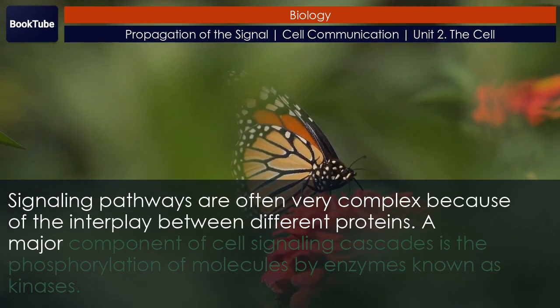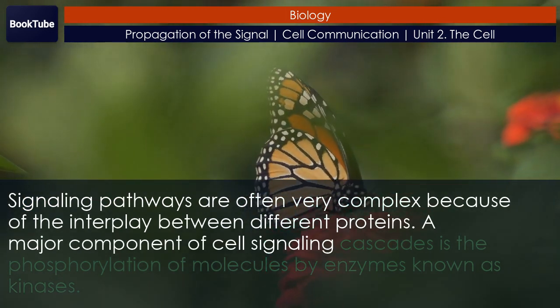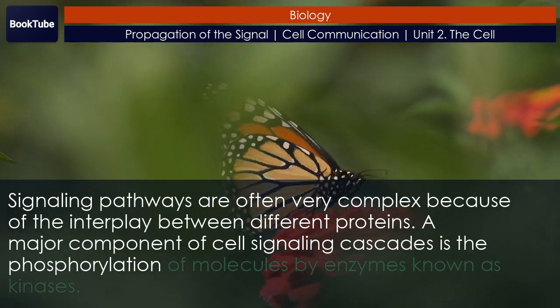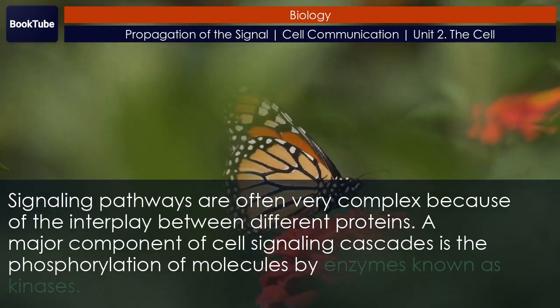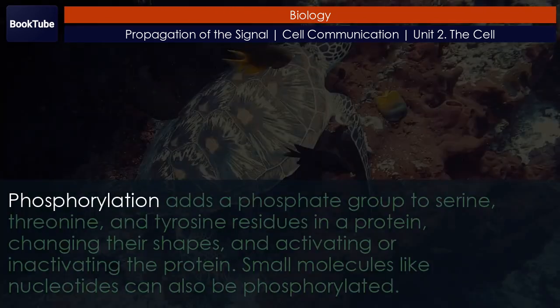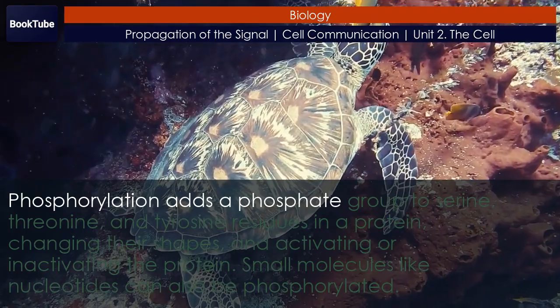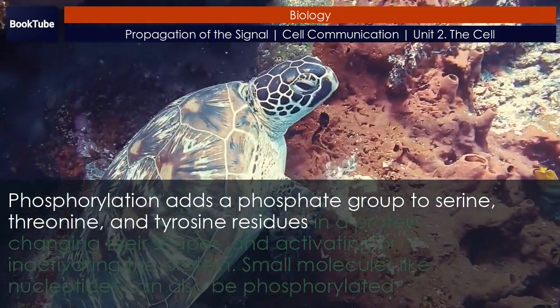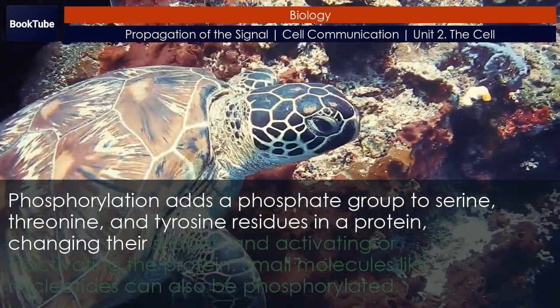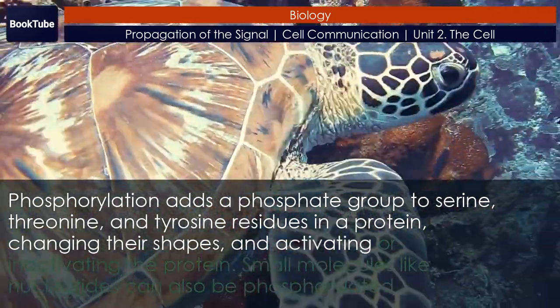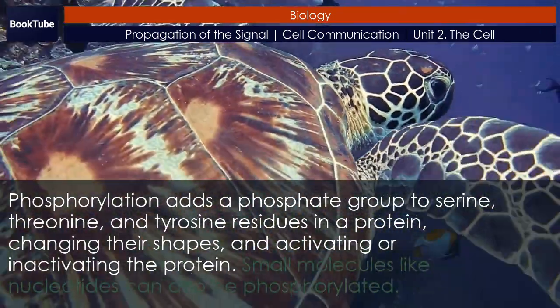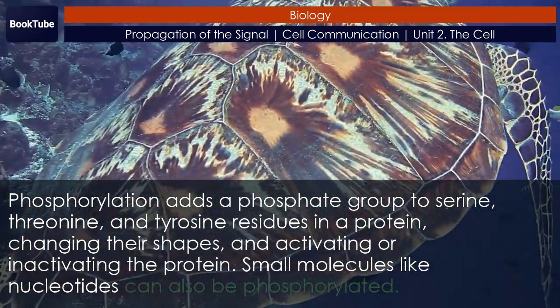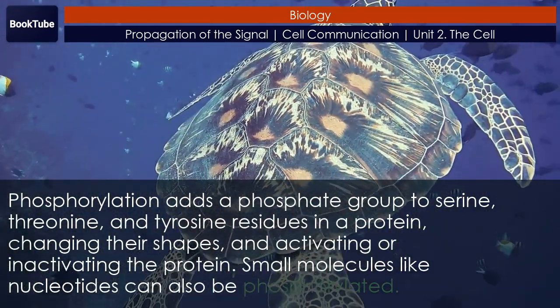A major component of cell signaling cascades is the phosphorylation of molecules by enzymes known as kinases. Phosphorylation adds a phosphate group to serine, threonine, and tyrosine residues in a protein, changing their shapes, and activating or inactivating the protein. Small molecules like nucleotides can also be phosphorylated.